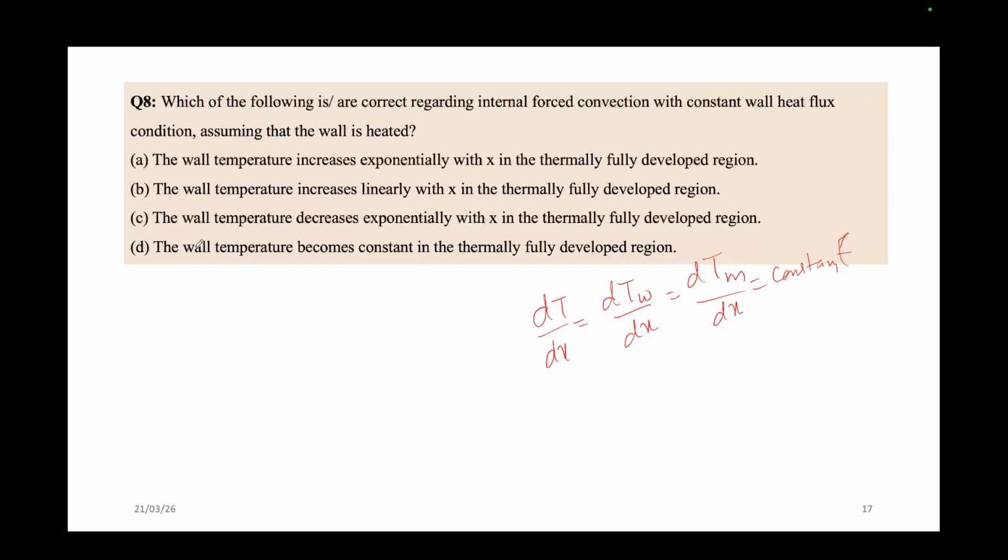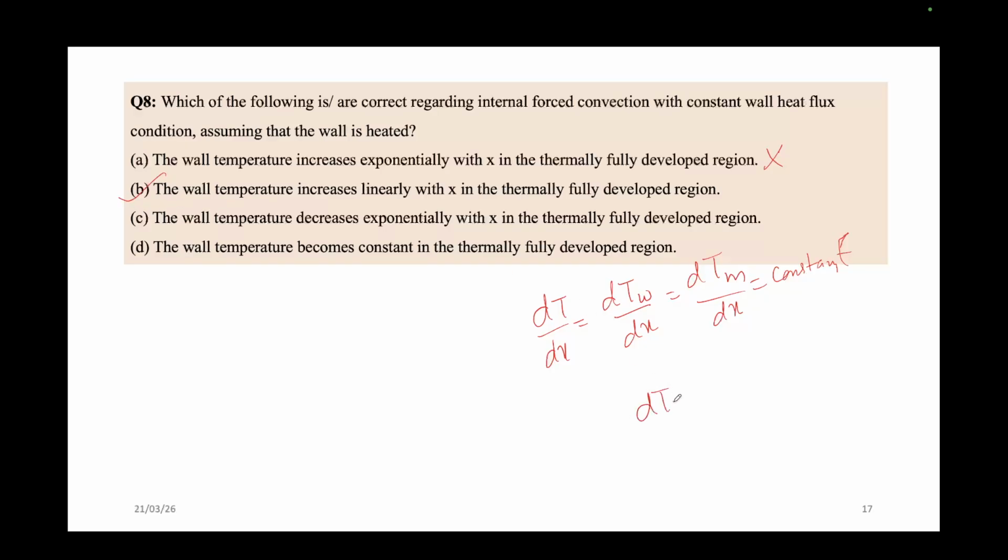So what will be the answer? Whether the first option will be correct or not? Option B. It is correct. Good.